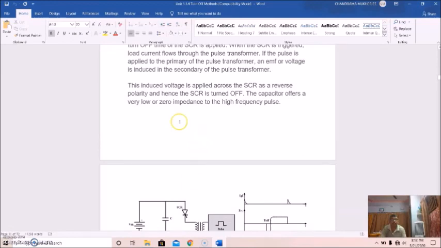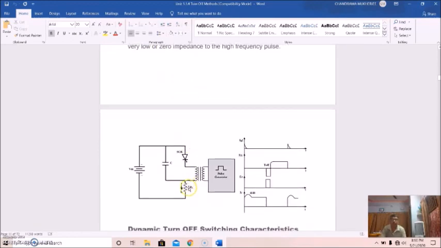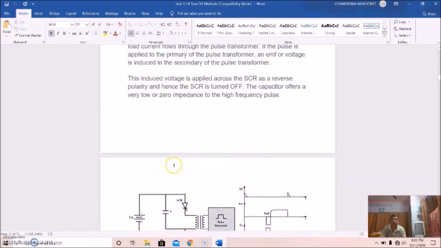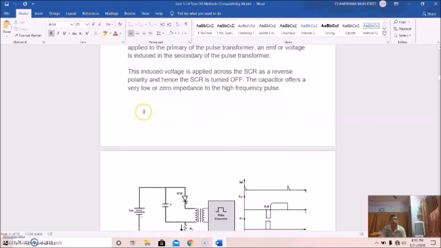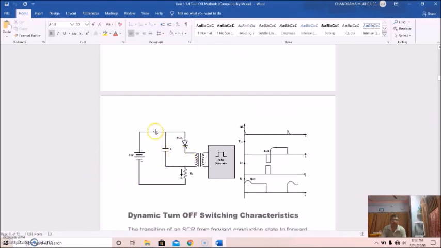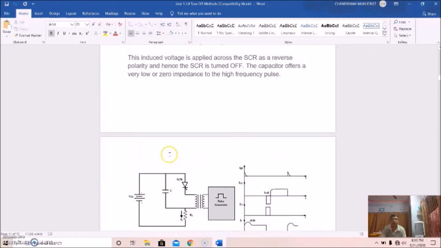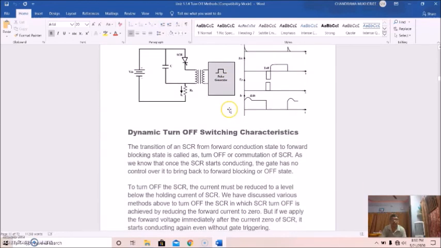Now this induced voltage is applied across this SCR, and hence the SCR is turned off. The capacitor offers very low or zero impedance to the high frequency pulse.